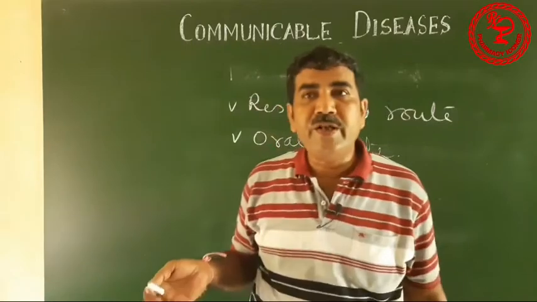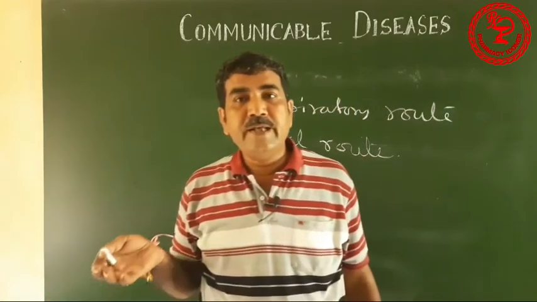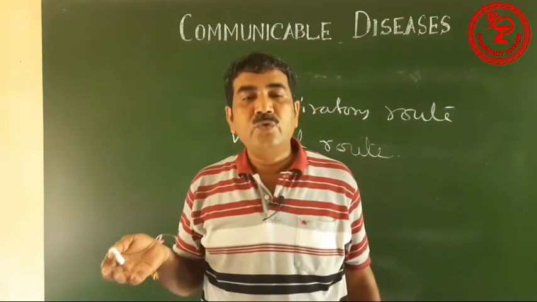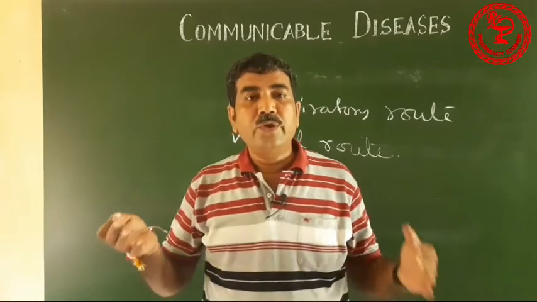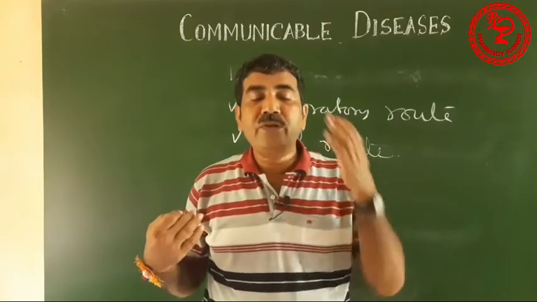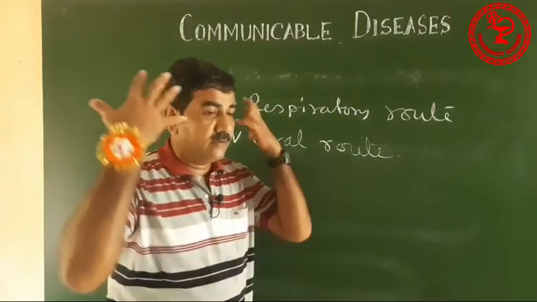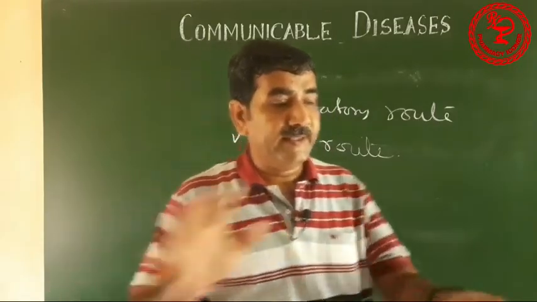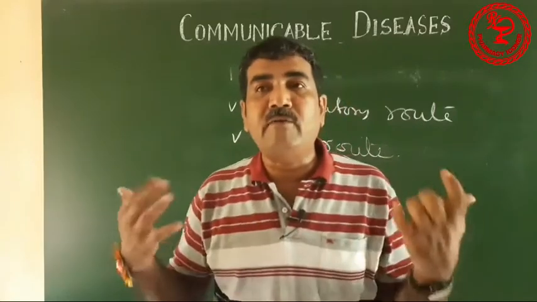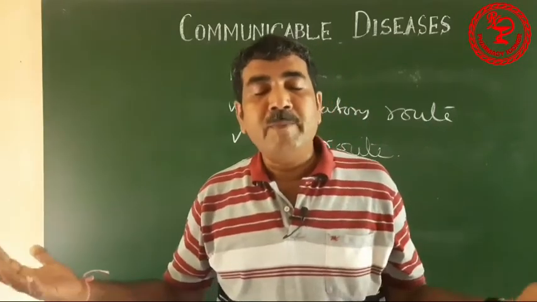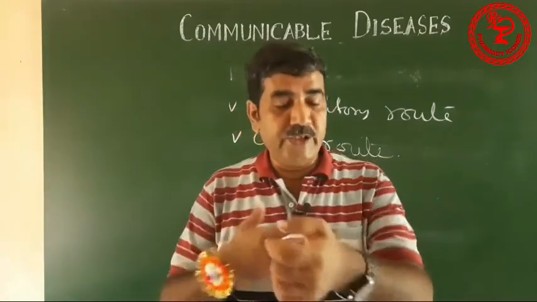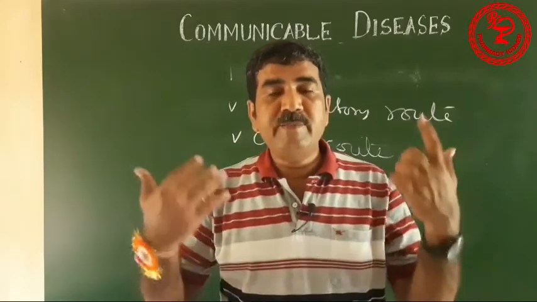Another route of infection is through the damaged part of your skin. Our body is covered with skin. It mechanically protects our body from microbial infection. The sweat which comes out also protects.